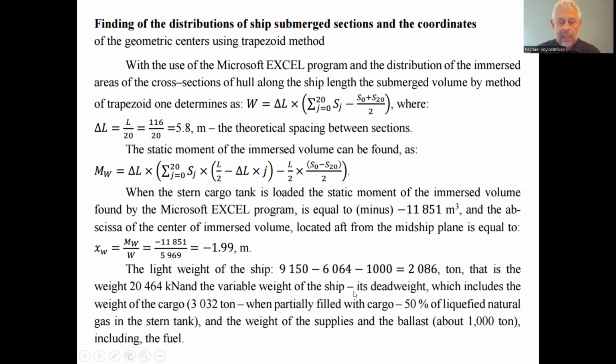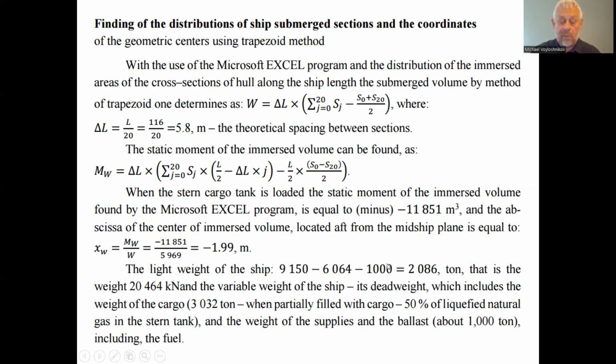What is lightweight? If the weight of the ship due to the load line is assigned 9,150 ton, this is the total cargo in two capacities. Minus 1,000 is the maximal amount of the variable cargos, like fuel, fresh water, or ballast, which we consider together.